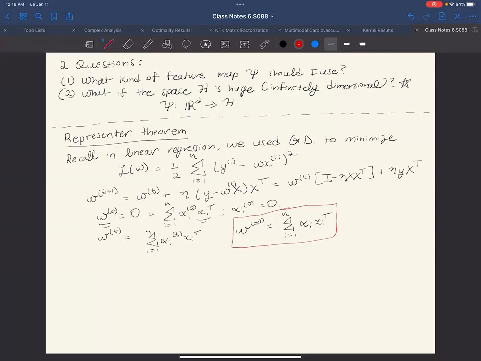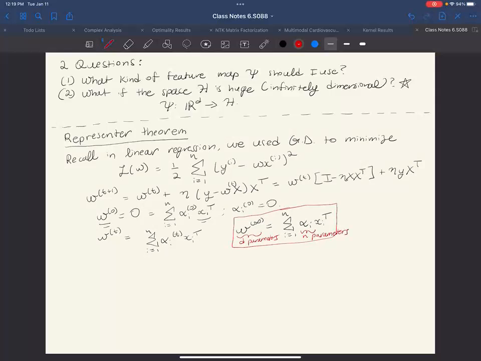Why does this help? Well, you see that while this term here has d parameters, in terms of the dimension of the features, we've somehow transformed it into finding the alpha_i's, of which there are only n. So now we have n parameters.